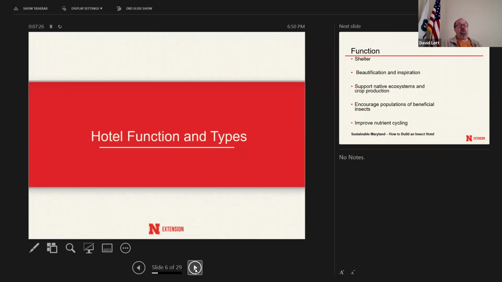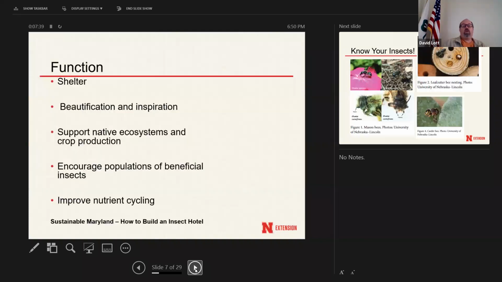So we're going to talk about hotel function and the type of hotels and why they are important and why we need to correctly build them and place them and utilize them. First is for the shelter, for their ability to start the next generation of insects, a place for them to lay larvae.